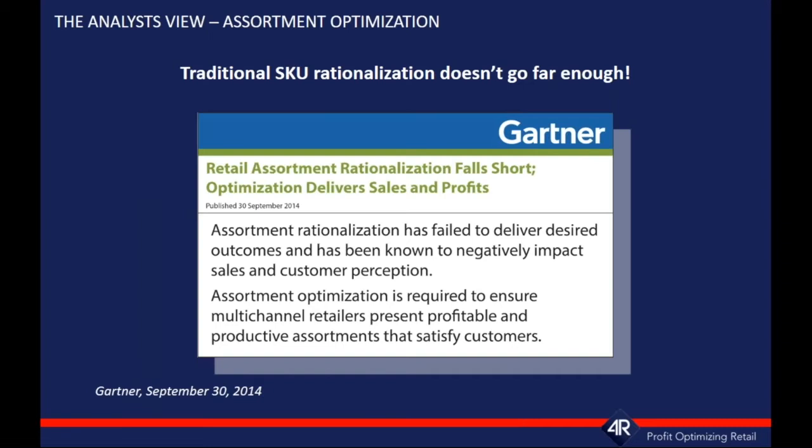That has led a lot of retailers to do what they call assortment rationalization, which really means cutting SKUs out of your assortment. Here's a report by Gartner that shows that those tools don't work very well. Lots of retailers have had bad experiences.